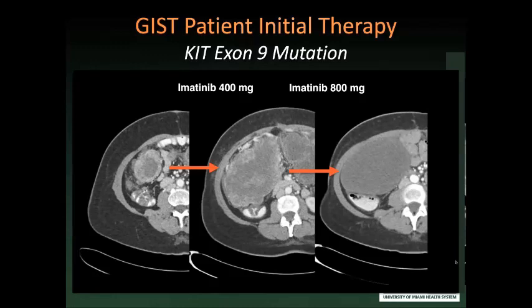Here's a patient of mine with KIT exon 9 mutant GIST, who was initially treated with 400 milligrams of imatinib, but the tumor grew very rapidly from the far left panel to the middle panel. And then at the middle panel, we changed her dose to 800 milligrams.